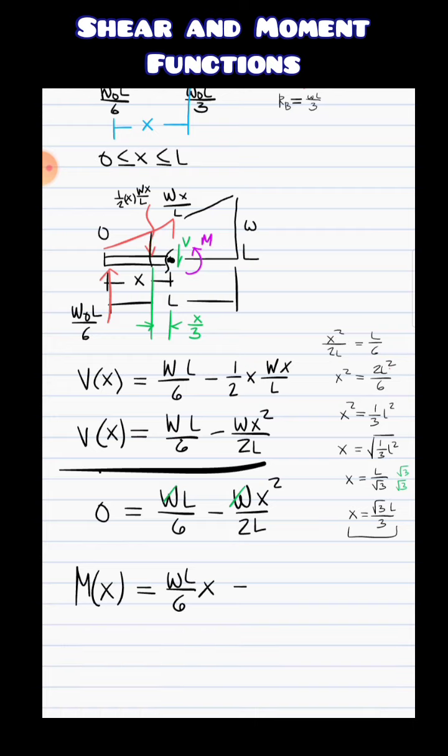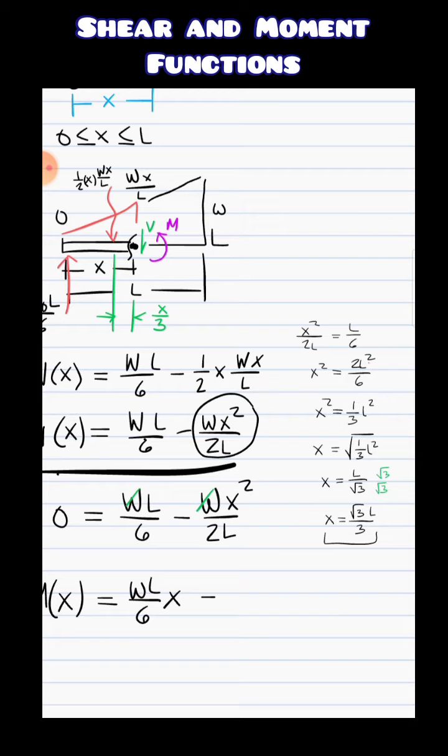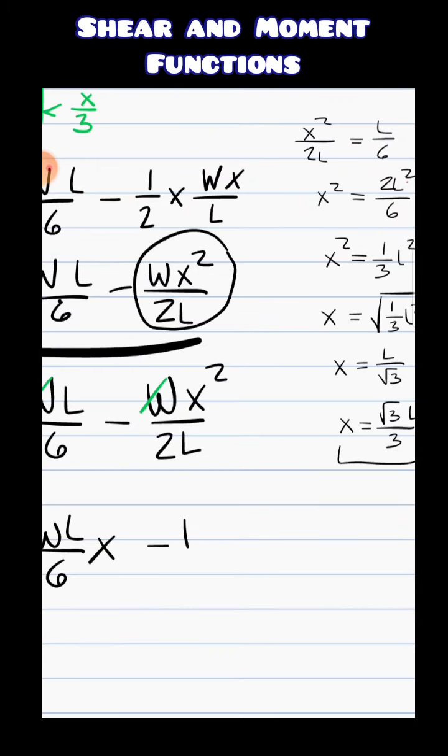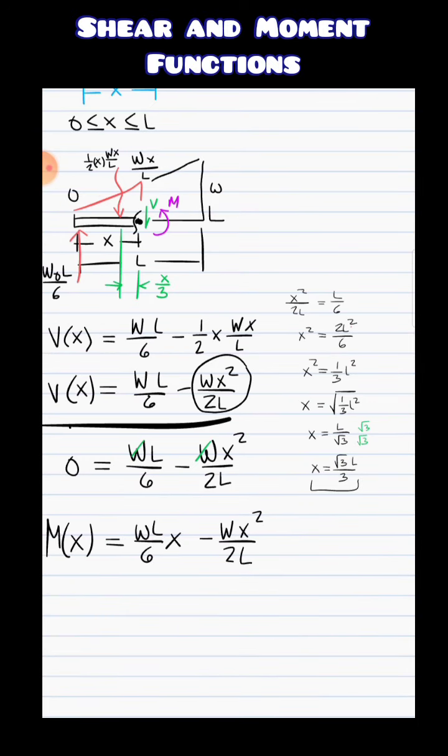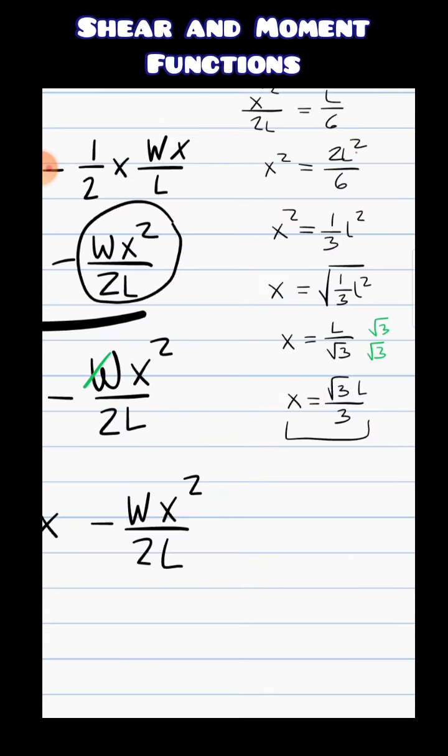Because it's along our moment, which is what we're looking for, so it will have a negative sign on the opposite side. So 1/2 WX squared, or the simplified version, WX squared over 2L. This is just the load times the moment arm, which is x over 3.